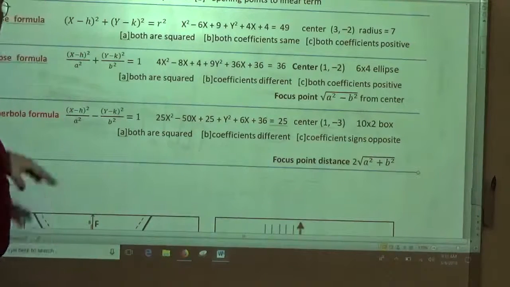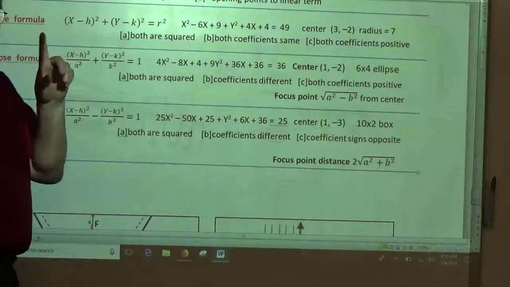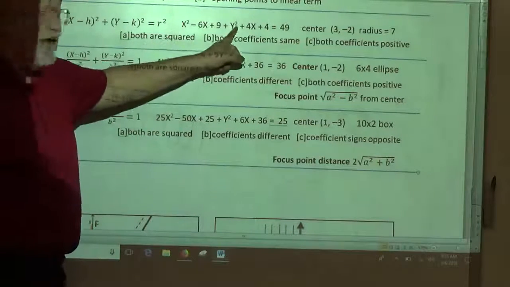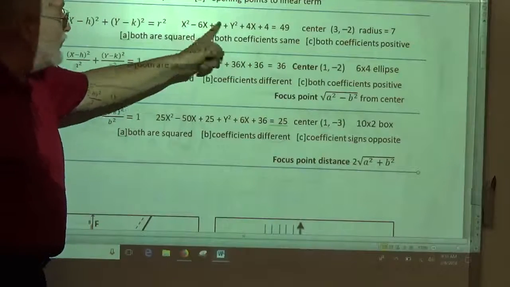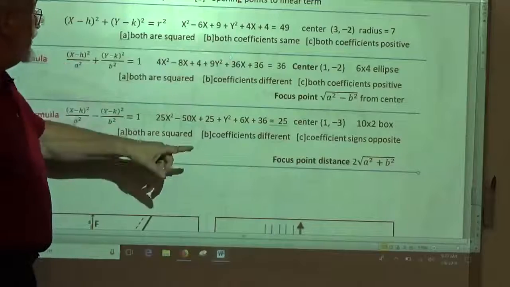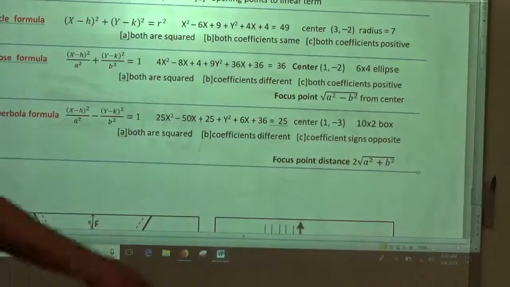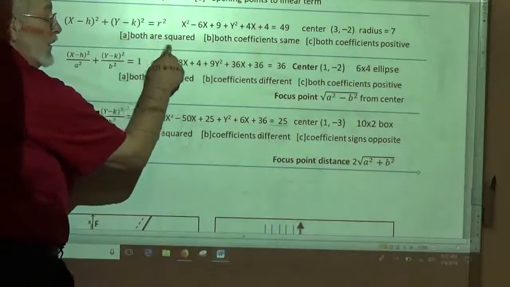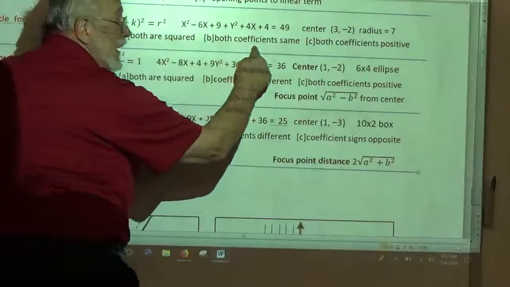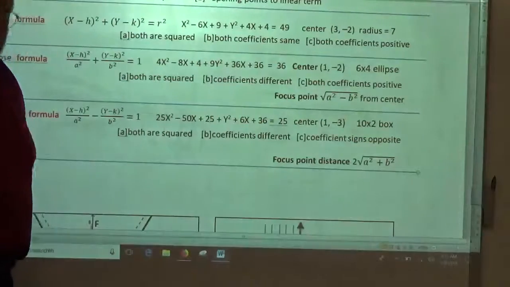Okay. So, how do you tell the difference between a circle and an ellipse? First, they're both positive. They're both squared. In the circle, the coefficients are the same. In the ellipse, the coefficients are different. Both squared, both coefficients the same, and both positive, and you end up with a circle.